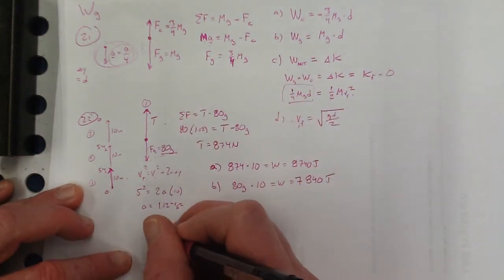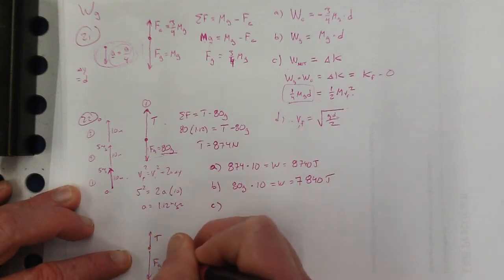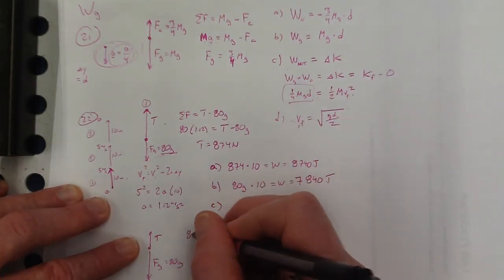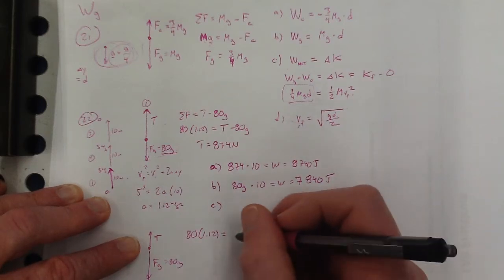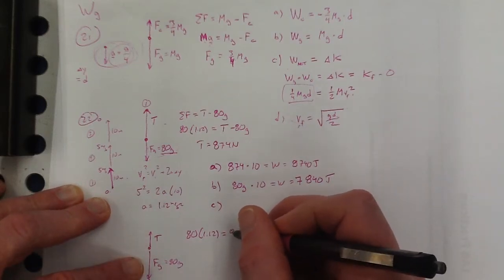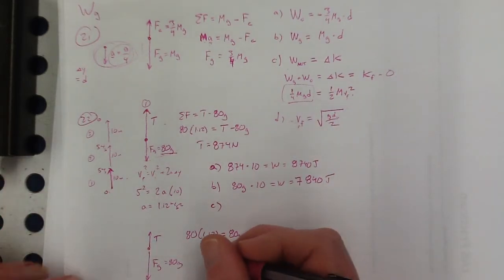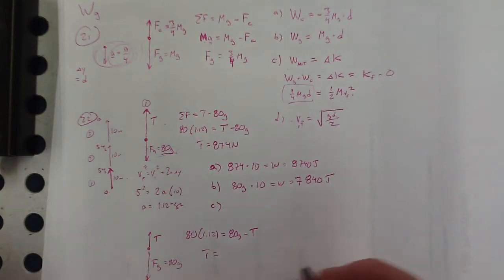So if I made another quick force diagram, here mass times acceleration would be equal to the gravitational force minus the tension force. So here the tension force is going to be 80G minus the 80 times 1.12.